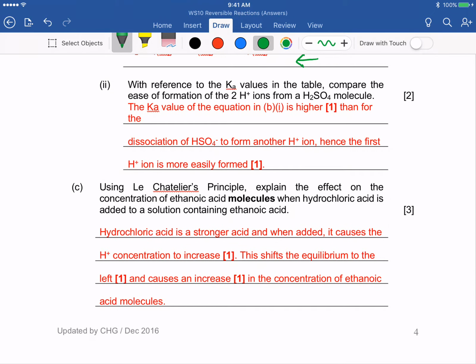Lastly, using Le Chatelet's principle, explain the effect on the concentration of ethanoic acid molecules when HCl is added to a solution containing ethanoic acid. Ethanoic acid is CH3COOH, and its dissociation can be represented in this equation.